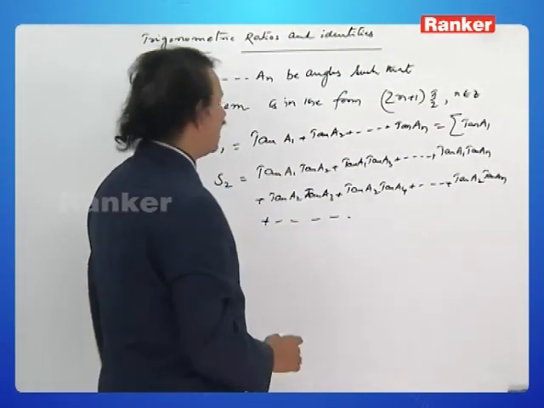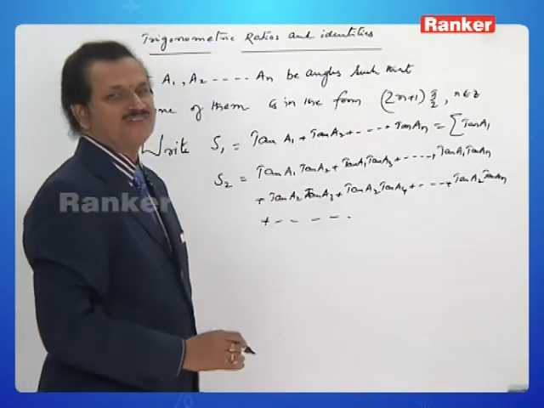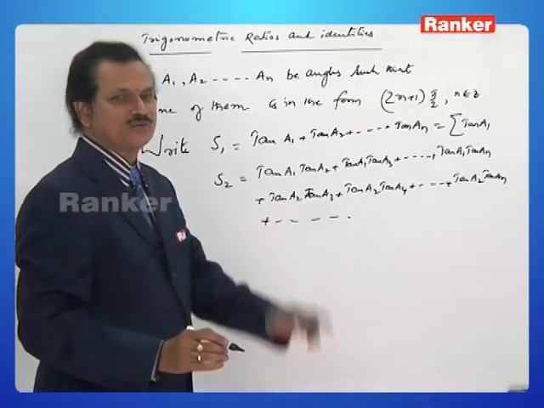That is sum of the products of tangents of these angles taken two at a time.